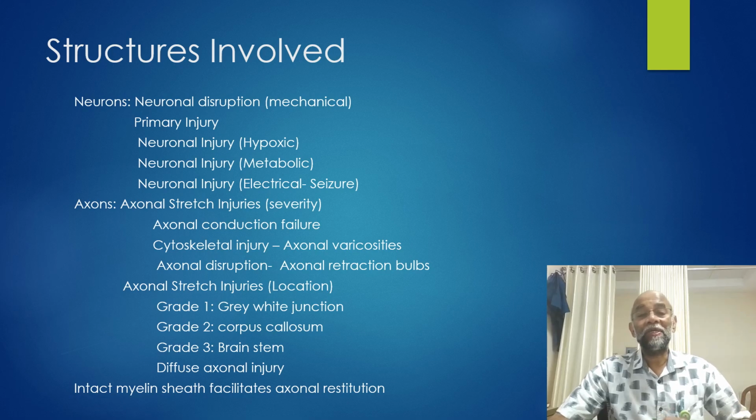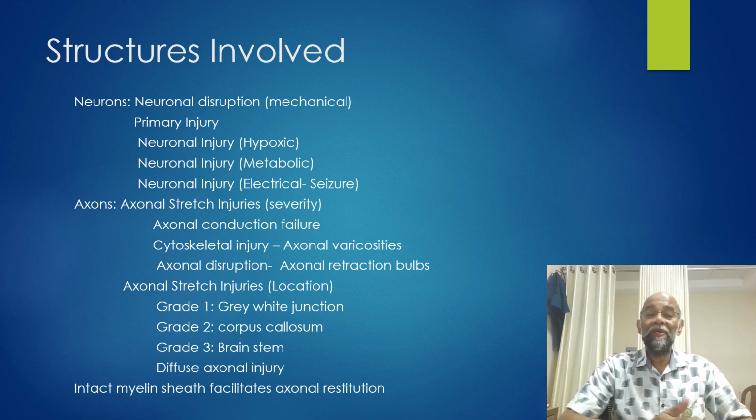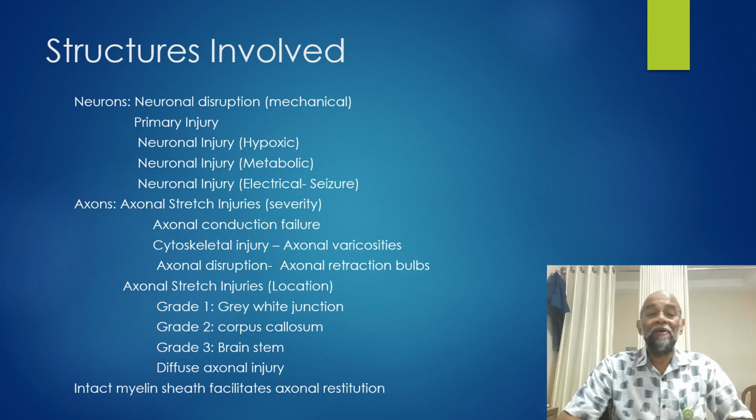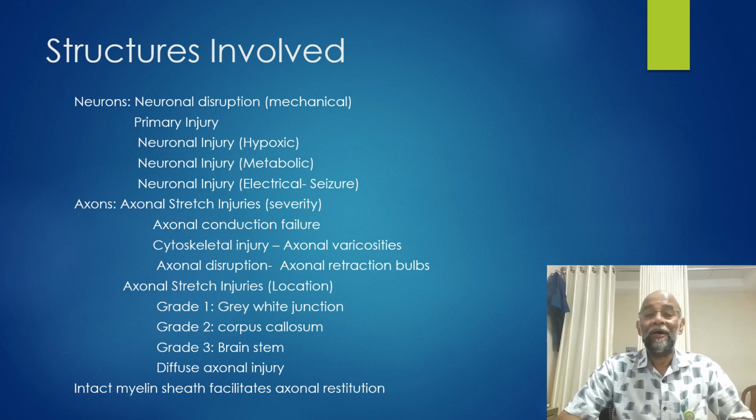Axons are damaged mostly by stretch. But the severity of axonal injury varies, from the relatively trivial, what we call concussions, where axonal conduction failures in the brainstem occur for a period and then there is a recovery of conduction. Cytoskeletal injuries occur when the axon seems anatomically intact, but the microskeleton, or the support systems in the axon, are disrupted.